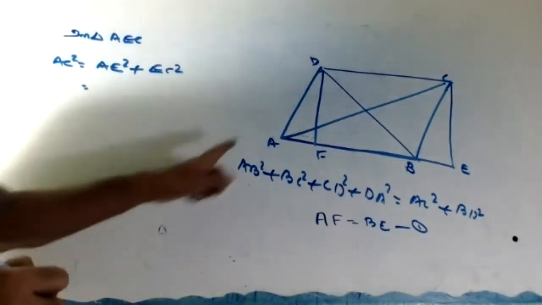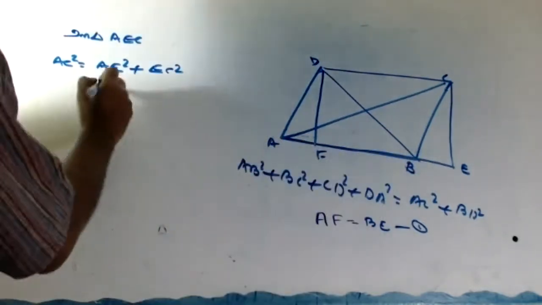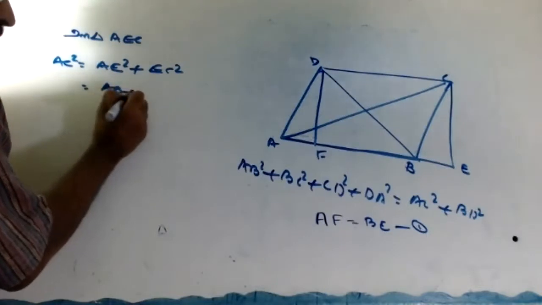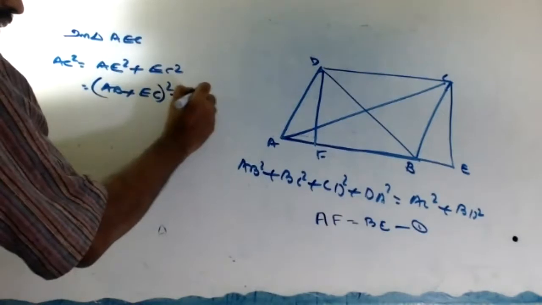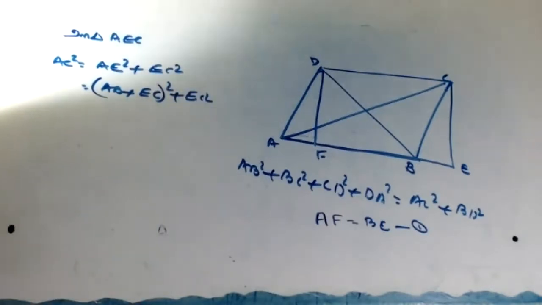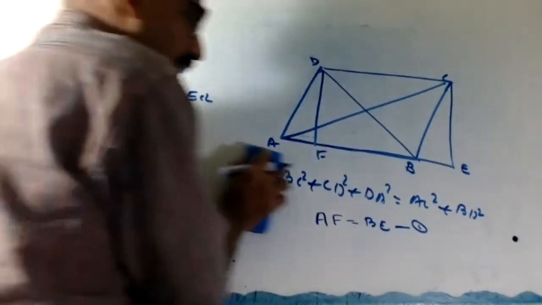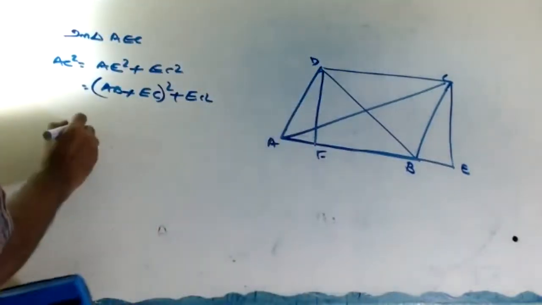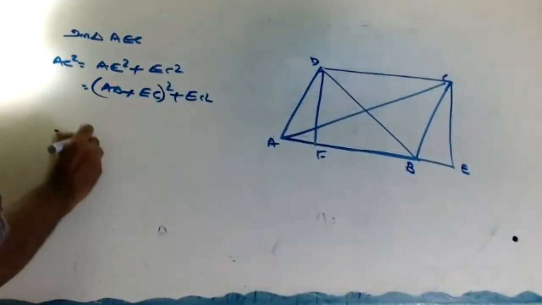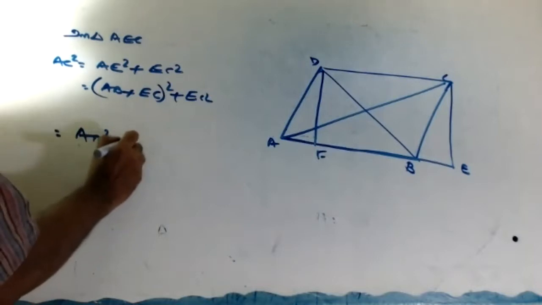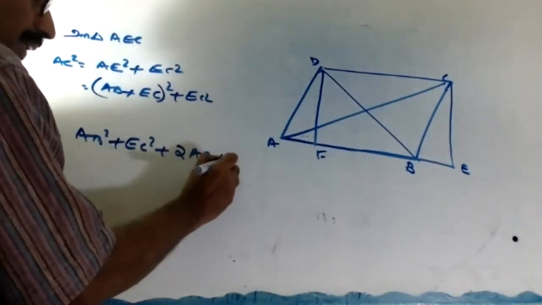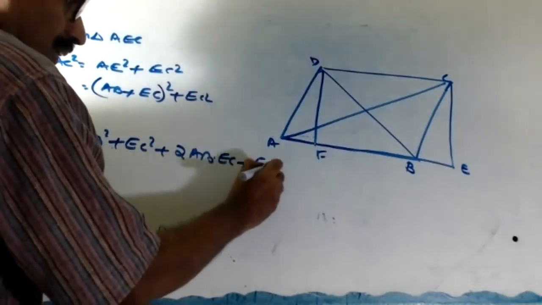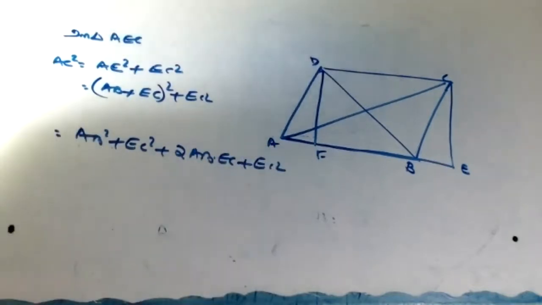Okay, AE we can split as AB plus EC, whole square, plus EC square. So open the bracket: AB square plus EC square plus 2 AB into EC plus EC square. Okay, and why 2 EC?